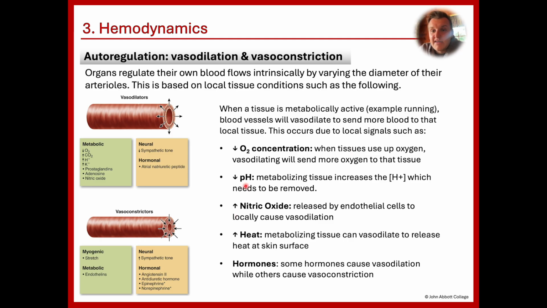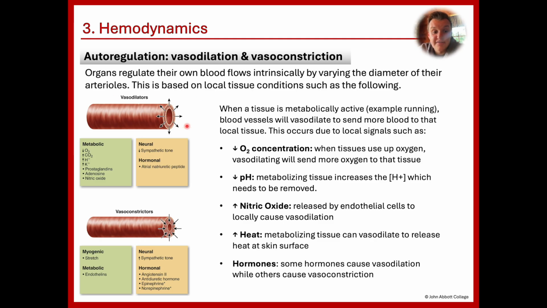pH can influence vasodilation. So tissues that are metabolizing a lot, that are undergoing and making ATP, let's say your muscles, they will increase their hydrogen ion concentration, right? So their pH will get lower, and that will signal a need to remove all this bad stuff.